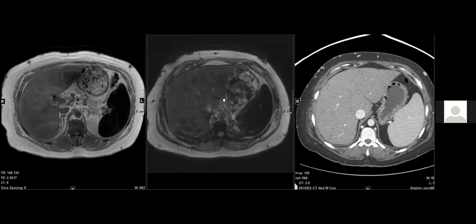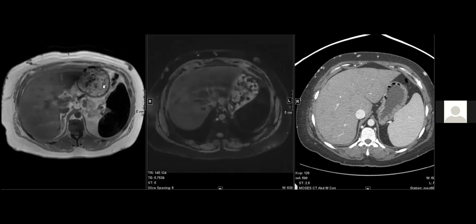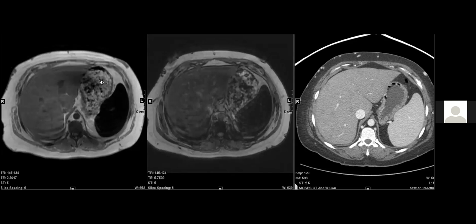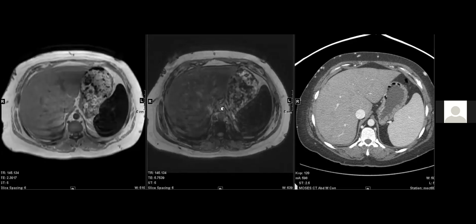Hey, Victoria, there's a question. Gitanjali was asking about mixed fat and iron, and this is something that always confused me. In this case, just showing you this, there's no way to know why there's a drop, because there is a drop. The liver is slightly brighter than the paraspinal muscle and it becomes darker.